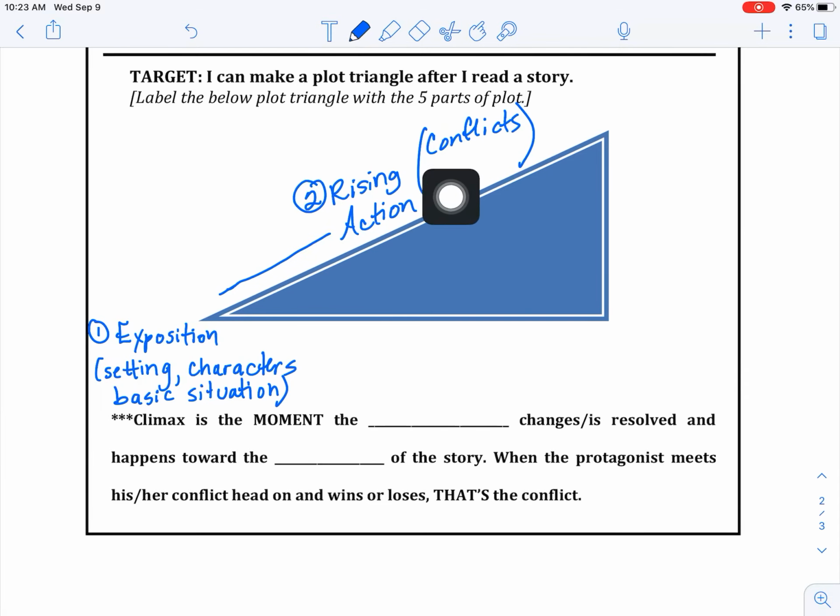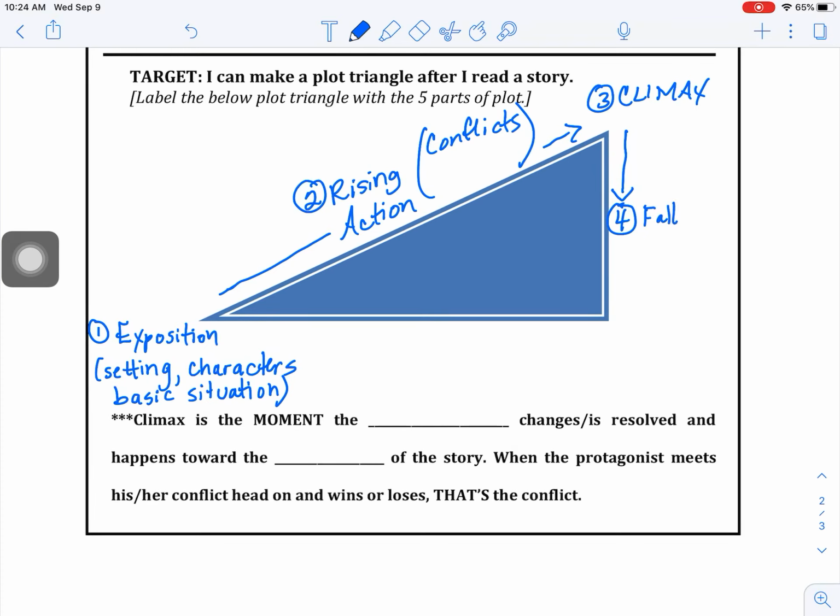Your whole story builds and builds until you get to the climax of the story. Finally, you start heading down the side. You get to the falling action, which in a short story could be a paragraph, could be a few sentences. And ultimately, we end up with the resolution.